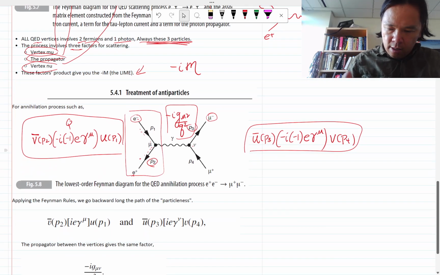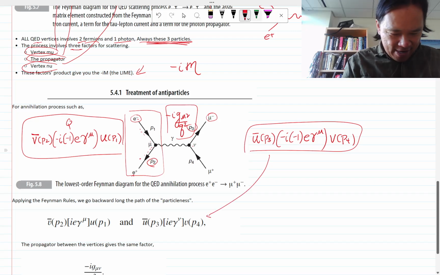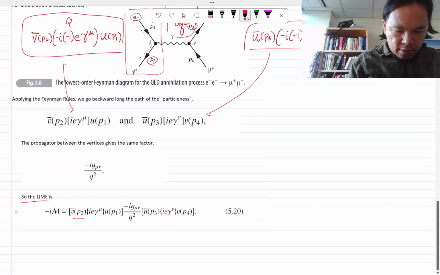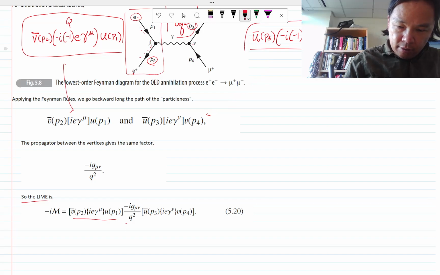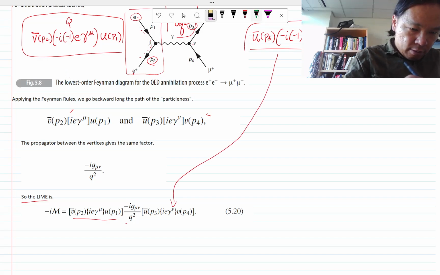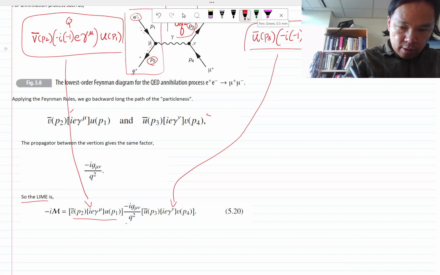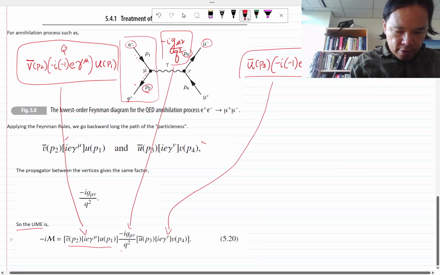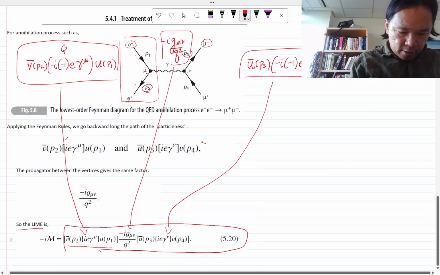Hopefully I got this right. The book actually tells you what the answer is supposed to be. Putting all three of these factors together, and don't forget the little photon propagator in the middle, gives you the matrix element for this particular annihilation process.